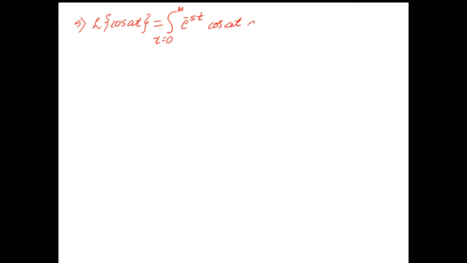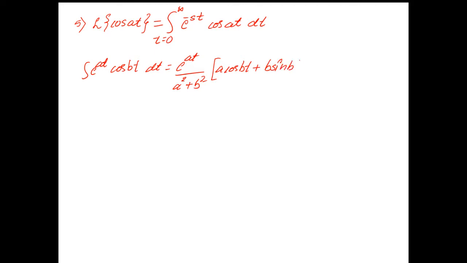And we know the formula for the integral of e^(at) cos bt dt with respect to t is e^(at) divided by a square plus b square, times (a cos bt plus b sin bt).